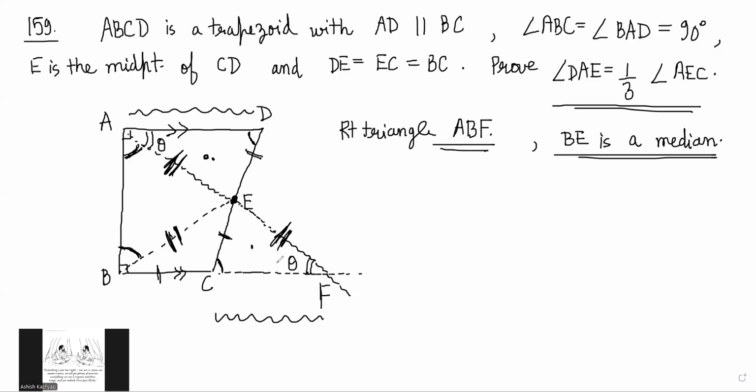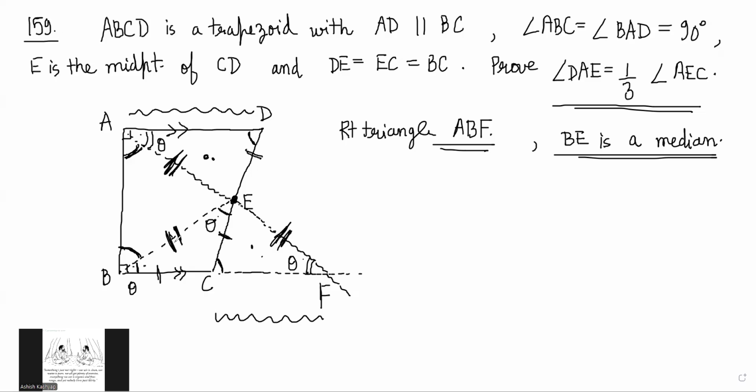So EFB was equal to, now notice that this theta is equal to this theta because EBF is isosceles, right? And this theta is equal to this theta also because BEC is isosceles. So same theta is here also, here also, here also, right?